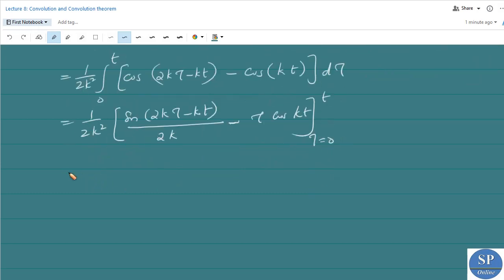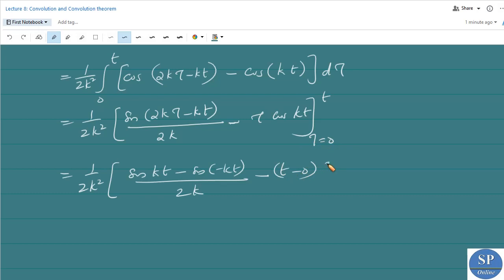Now applying the limits, we have 1 by 2k square into, when tau equal to t, sin(2kt minus kt), that is sin kt. Then when tau equal to 0, we have minus sin(0 minus kt), that is plus sin kt, divided by 2k, minus t minus 0 into cos kt, because cos kt is a constant.